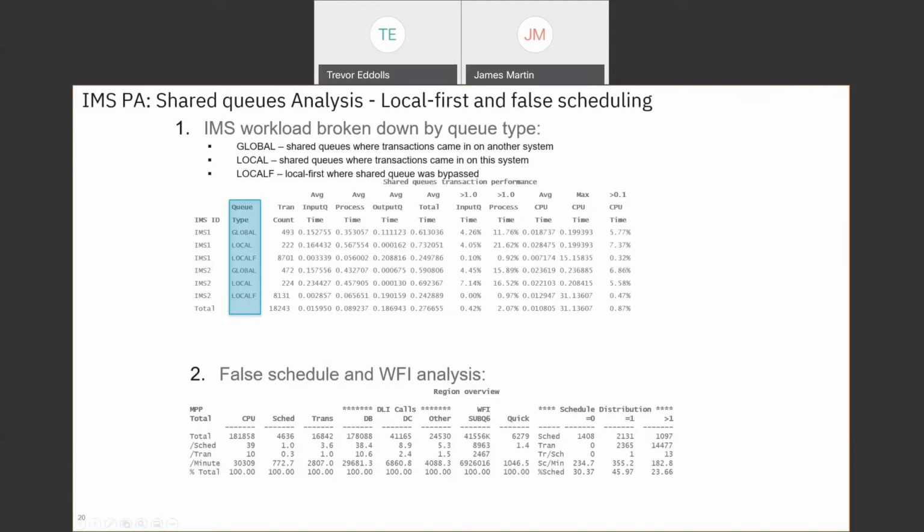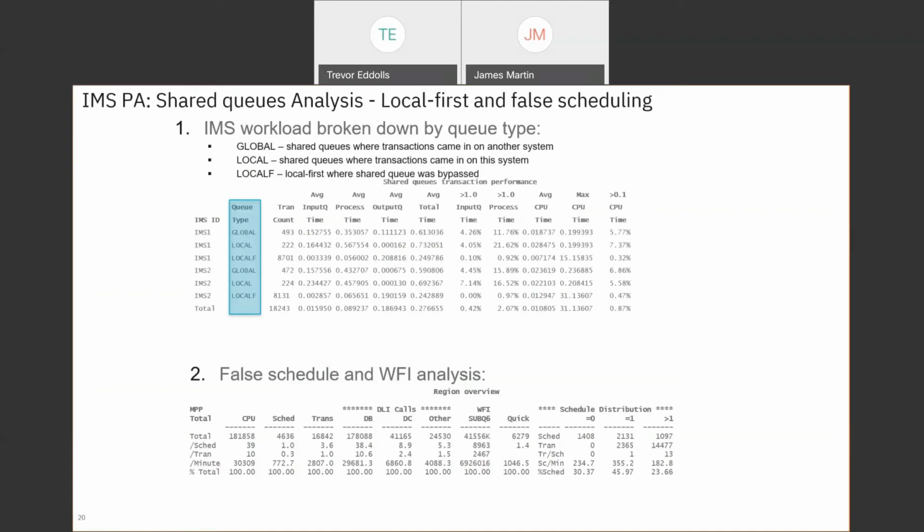Because if we're false scheduling and those schedules are not getting quickly rescheduled, well, we're spending money to not do any work, because when we schedule a transaction in IMS, we're being billed for that schedule. Whether it actually runs any work or not, scheduling costs money in IMS.